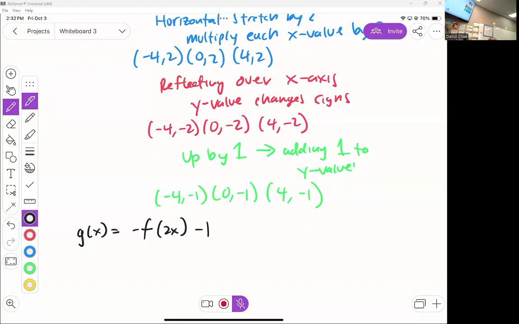And then if it's inside, it's y. Or if it's over the y-axis, yeah. If you look at page 203, it has the reflection about the x-axis and a reflection about the y-axis.